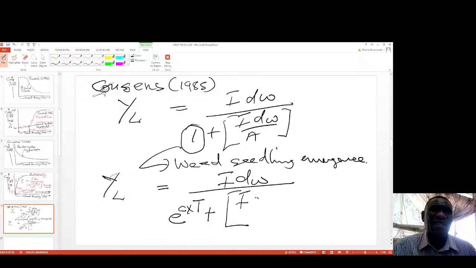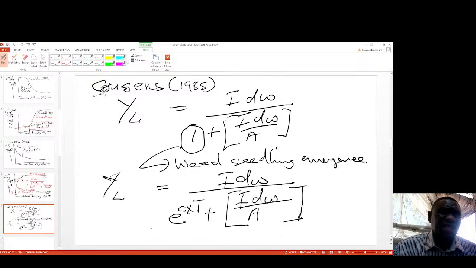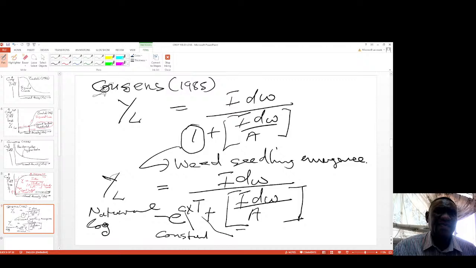Then the equation could predict any situation in a given field. You could predict the loss. So E is just the natural logarithm, C is just a constant, and T is time of weed seedling emergence.